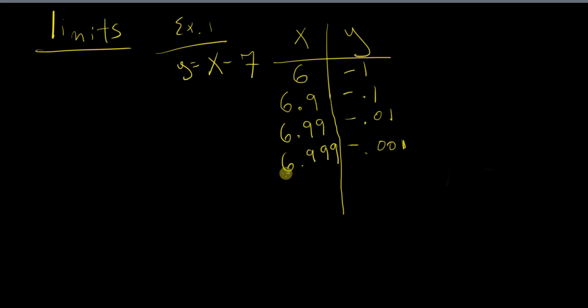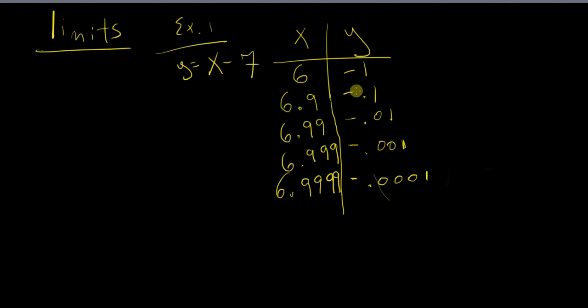Okay, so let's do one more. Let's do 6.9999, and we're going to get minus 0.0001. Right? So if you look at how we're approaching here, what are we doing?